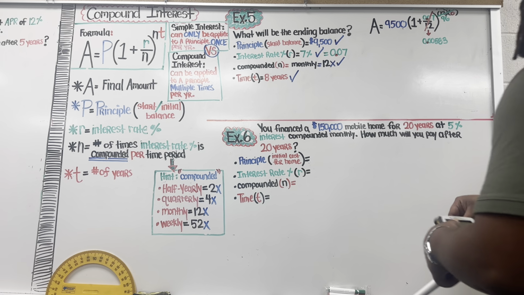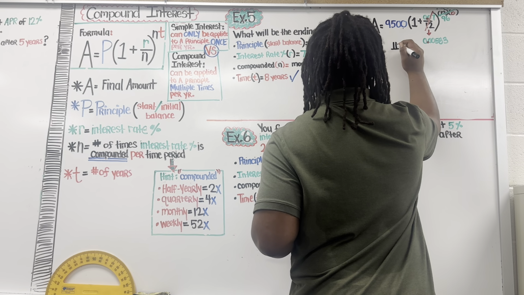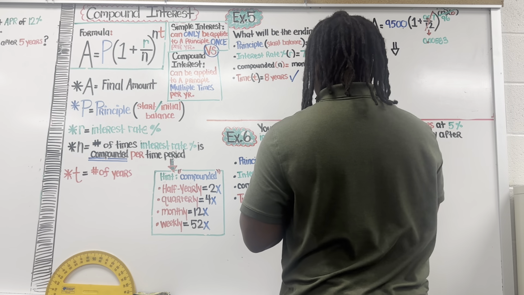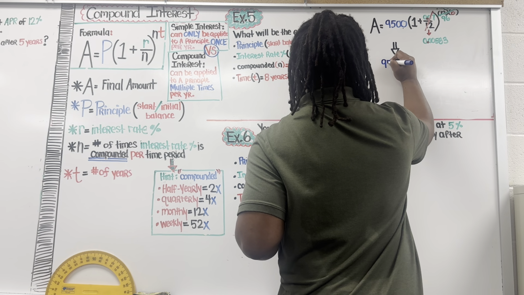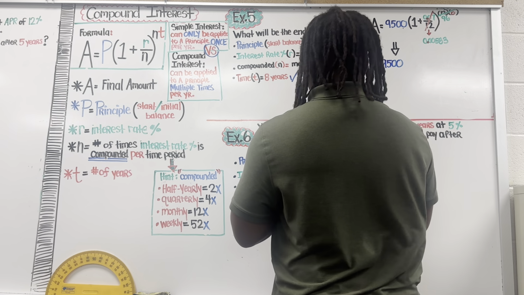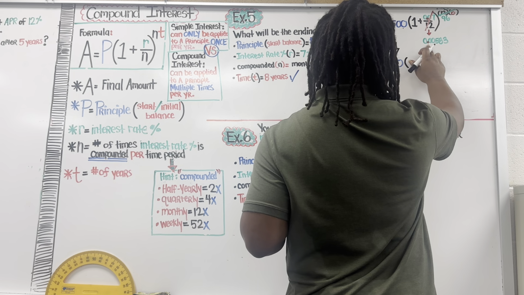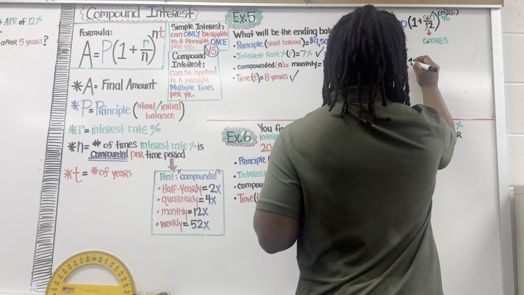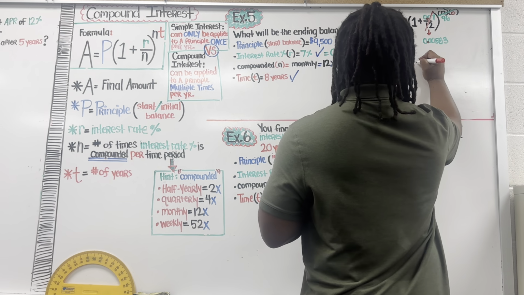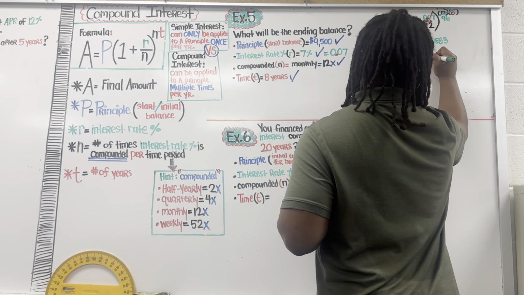So now what we're going to do is rewrite everything in a more simplified version, and then we're going to solve all the way by plugging into the calculator. So once again, my principal was 9,500 times parentheses 1 plus 0.00583 equals 1.00583.